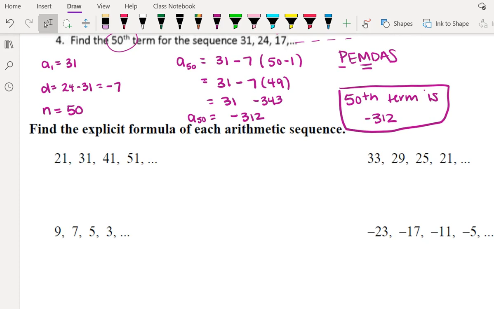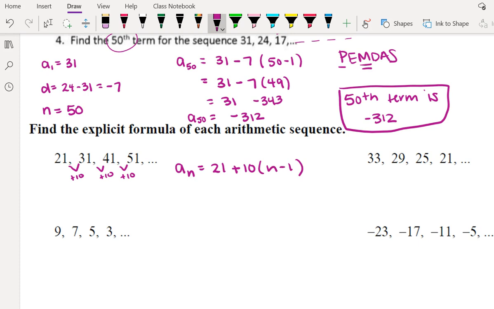Okay, all right, and then lastly, here's just a couple more examples. Find the explicit formula. For these, I'm not necessarily going to simplify, but so we add 10, we add 10, we add 10. So there's my common difference, and my a sub 1 is 21. So a sub n equals 21 plus 10 times n minus 1.